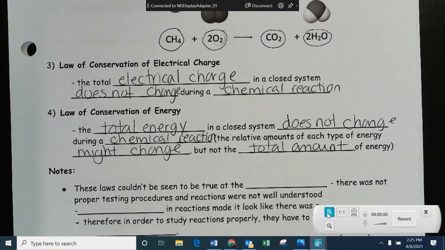Energy is actually stored in chemical bonds. So that's a potential energy type. When energy is stored in a bond, it's potential energy. And then in this example, that potential energy was converted into a type of heat energy. So that heat was given off.